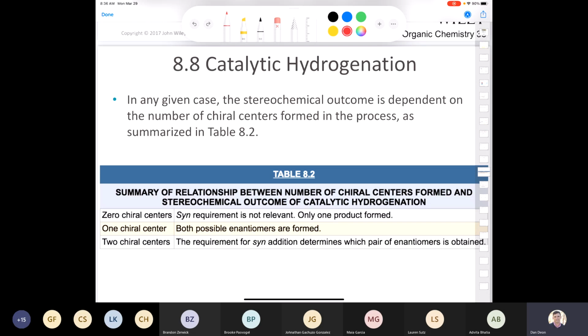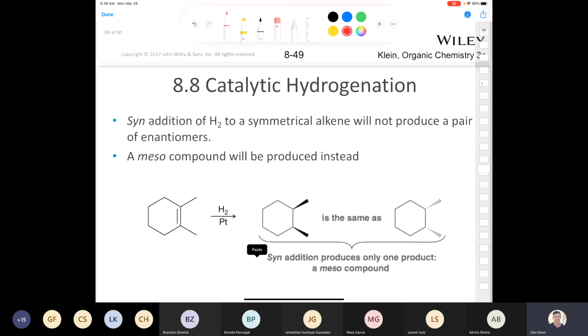If you have only one chiral center, you get 2 enantiomers. If you've got 2 chiral centers, then you're going to end up with a pair of enantiomers. But I would caution you on this one, because what if you have meso? If you have a meso compound, you've got 2 chiral centers, but you only end up with 1 product.